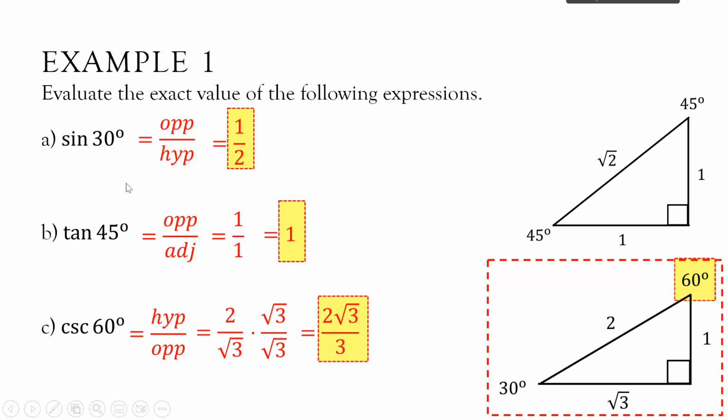So now we're starting to work with the trig functions at these particular values, 30, 60, 45. This opens up and allows us to work a little bit more with a wider range of angles. So now that we're done with example 1, let's move on from here.